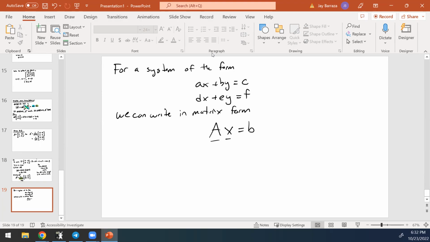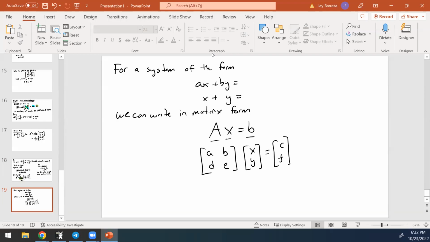Ax equals b, which is a, b, d, e times x, y, which is equal to c, f. Actually, I'm going to do this instead to make it a little bit more consistent. A, B, C, D, E, and F, like that. So this is A, X, and B.